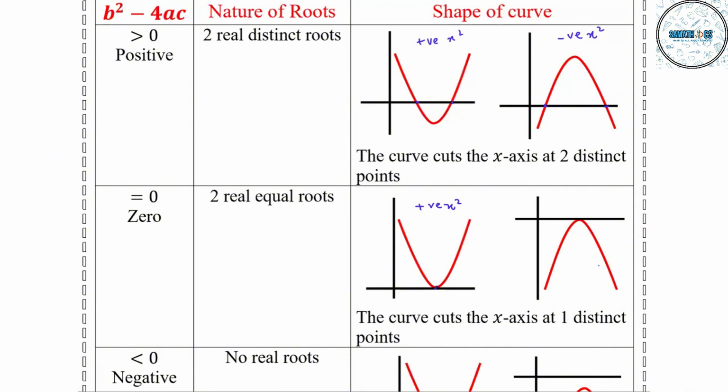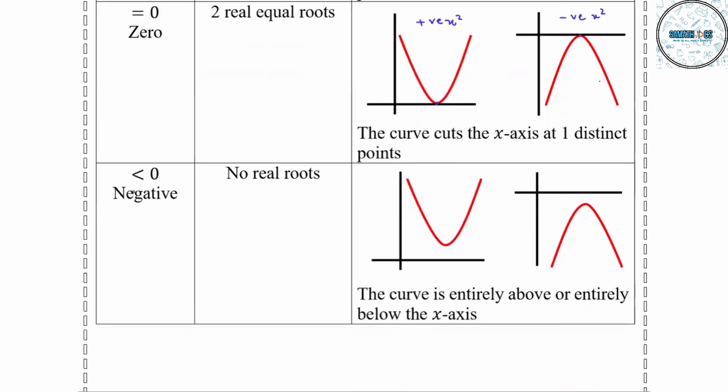So this is the point where the curve intersects the x-axis. When the coefficient of x squared is negative, the curve is a maximum curve and it intersects the x-axis at one point, which is shown here.